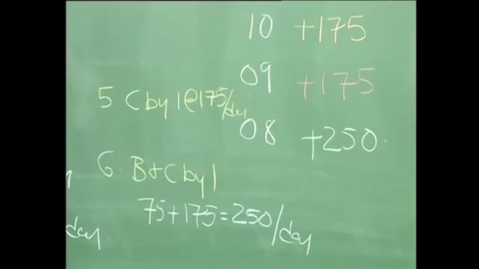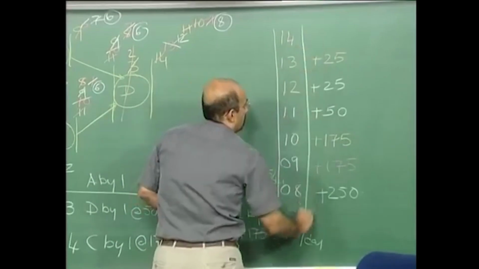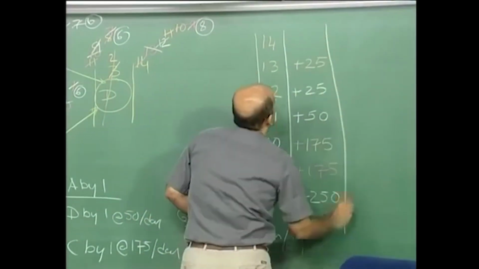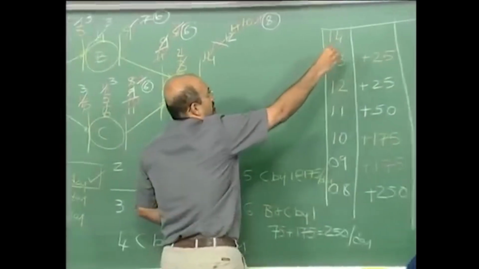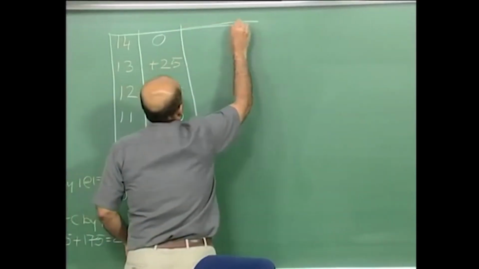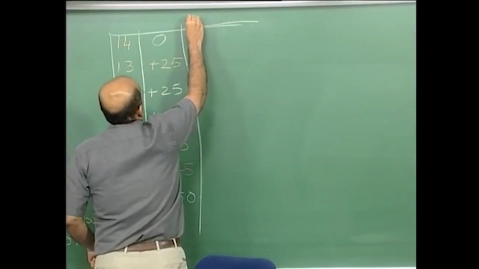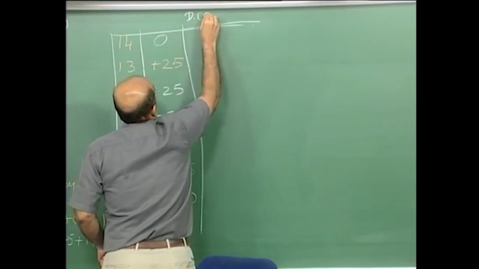So this is my variation of my direct cost, my additional direct cost. Now let me put a column which says direct cost.